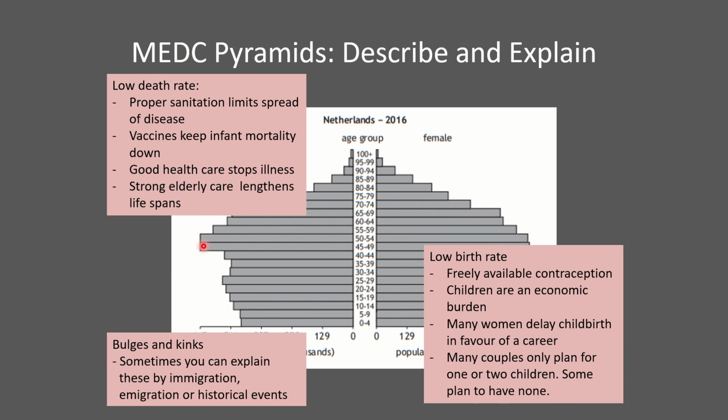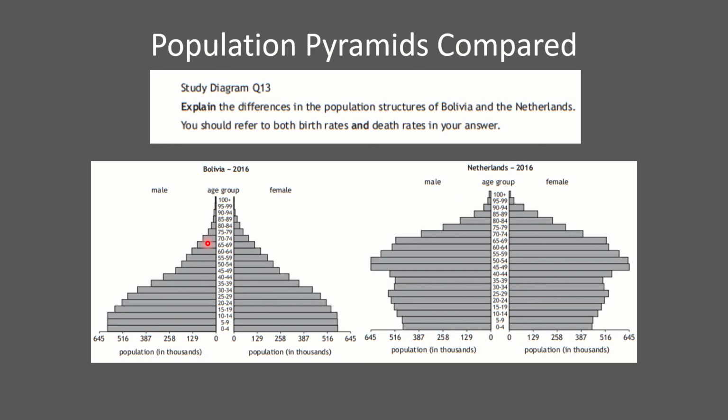That could be because their economy was doing particularly well back then. Also, it could be that this group of individuals were a particular wave of immigration into the country. And so that explains why the population is slightly larger there. That's quite advanced if you want to do that.